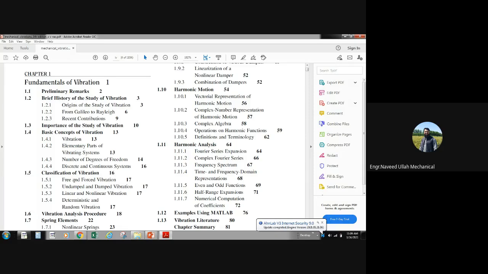Similarly, we have linear and non-linear vibration. If the input and output are connected linearly, this is linear vibration, okay. And similarly, if they are connected with a non-linear equation, that is non-linear vibration. If you remember, maybe in your EPC also, if you develop the governing equation for a simple pendulum, right?